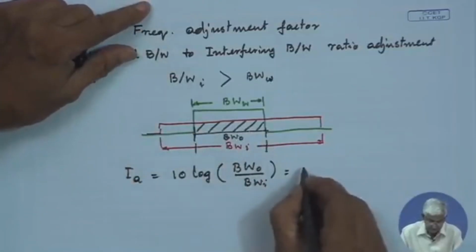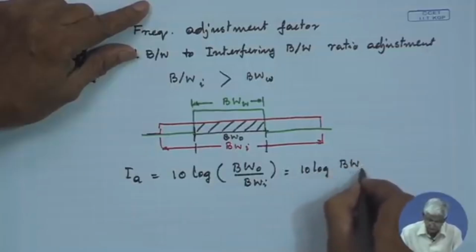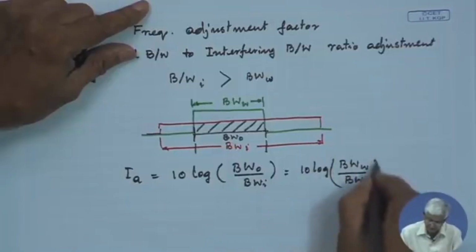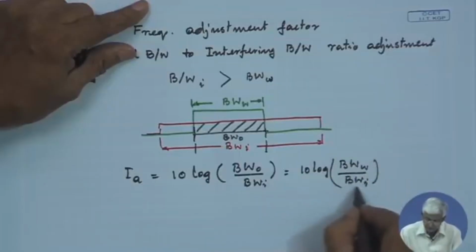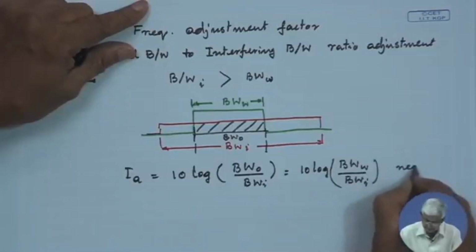So, in that case it is 10 log of bandwidth wanted by bandwidth interfered, where bandwidth interfered is large. So, this is a fraction less than 1, and the log is a negative quantity.